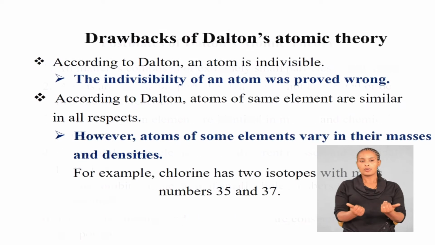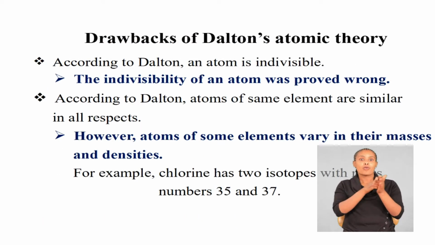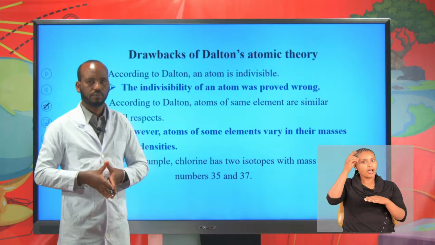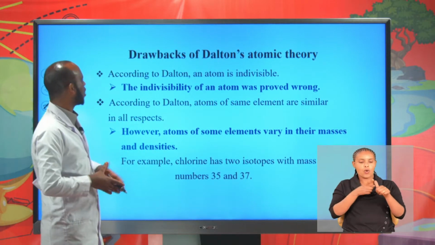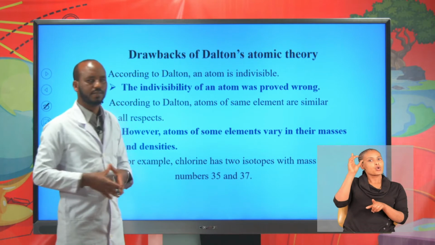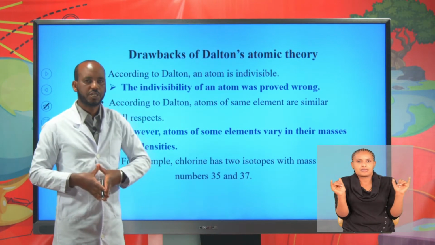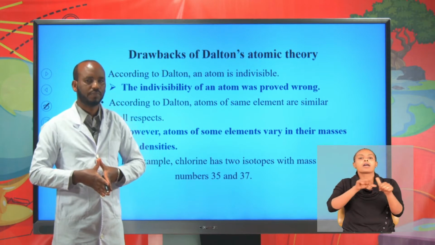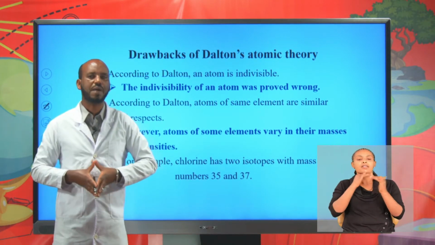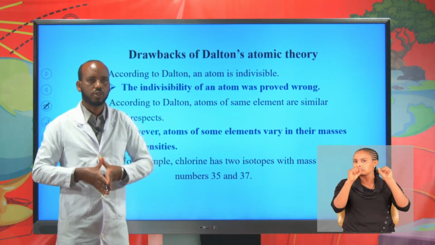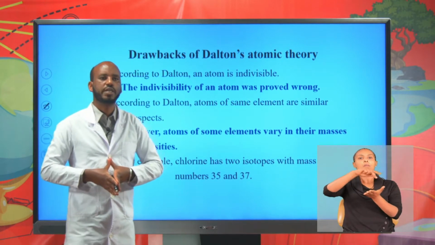Now, what are the drawbacks of Dalton's atomic theory? 1. According to John Dalton, an atom is indivisible. But atoms are divided into subatomic particles: electrons, protons, and neutrons.